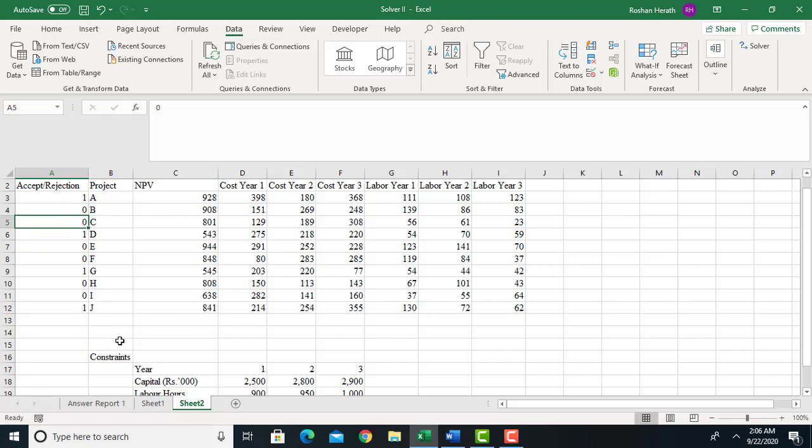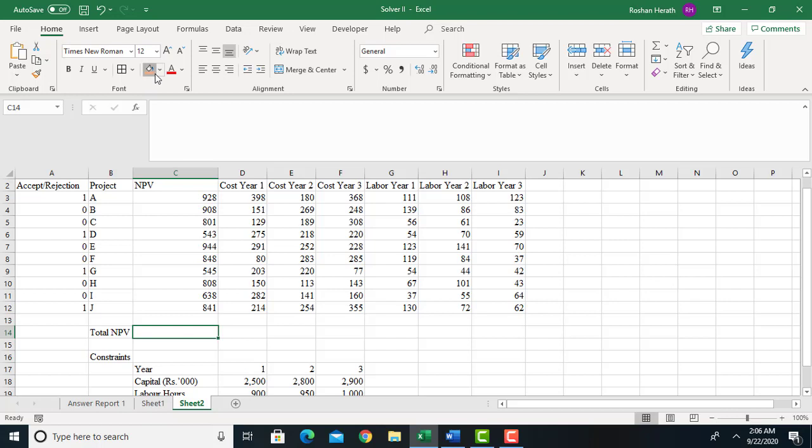Then if I ask you to get the total NPV of the projects that you would accept, how do you get that? How can you get that particular figure? One sensible way is you can simply look at this particular result and get the value.